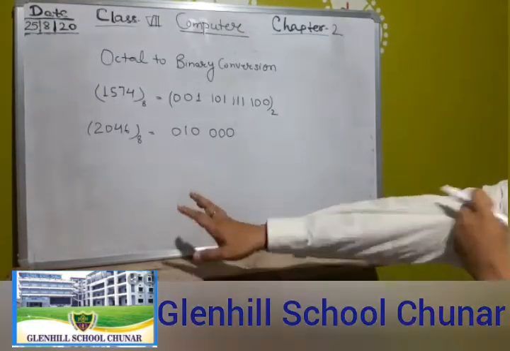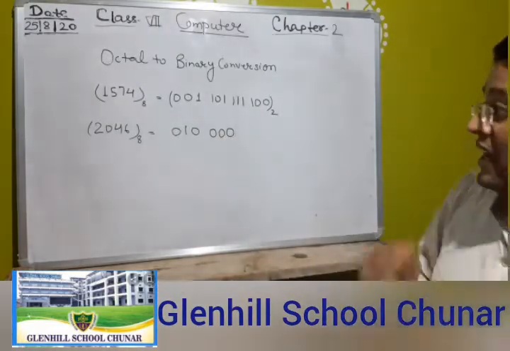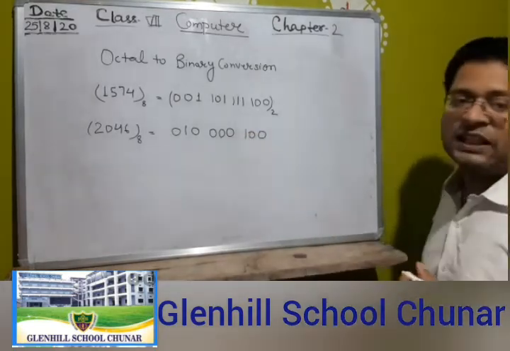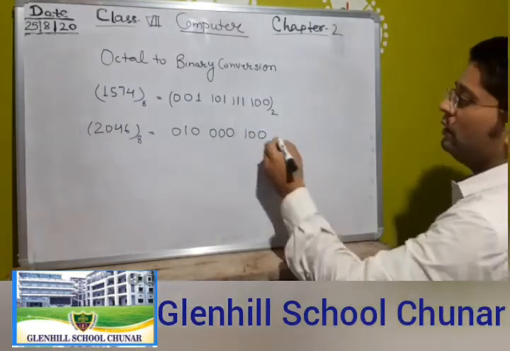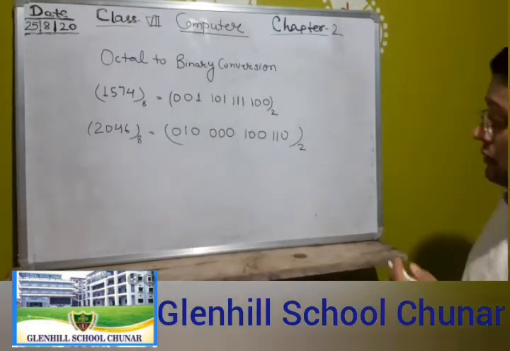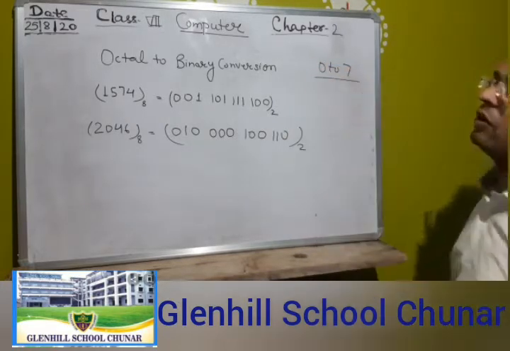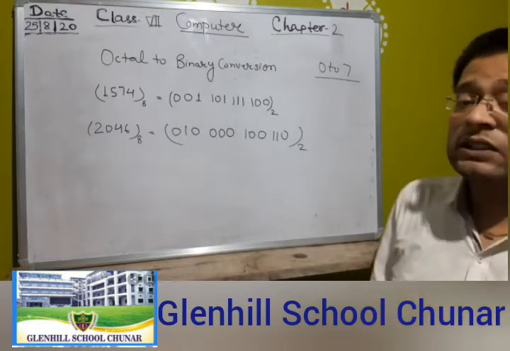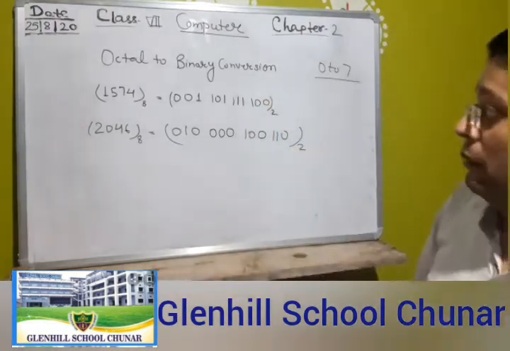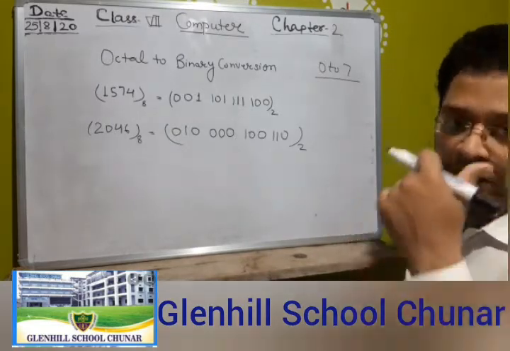All number values are in 3 digits. And 4 is 1 0 0, and 6 is 1 1 0. Students, please learn the octal numbers 0 to 7 and their binary values. Next topic, binary to octal.